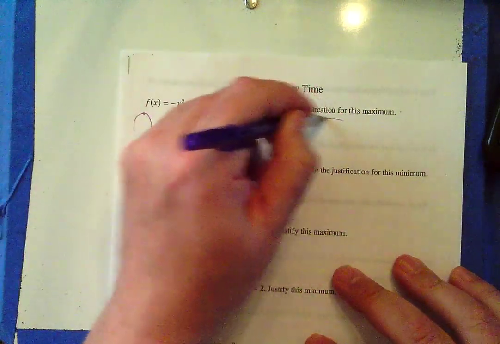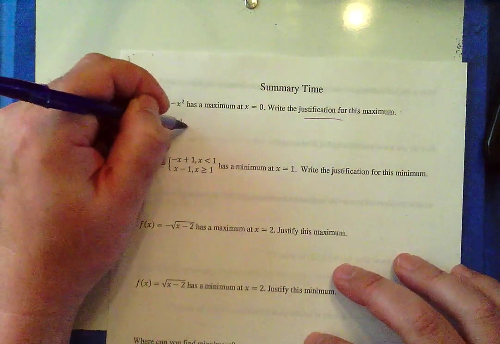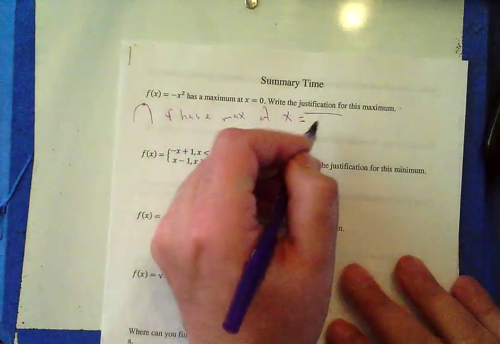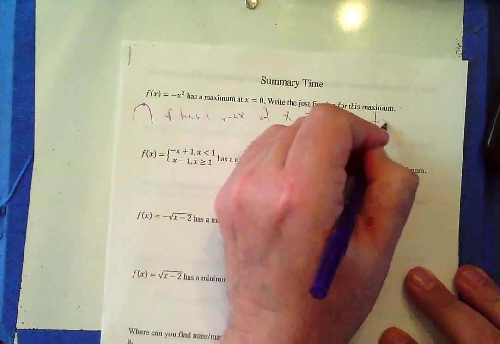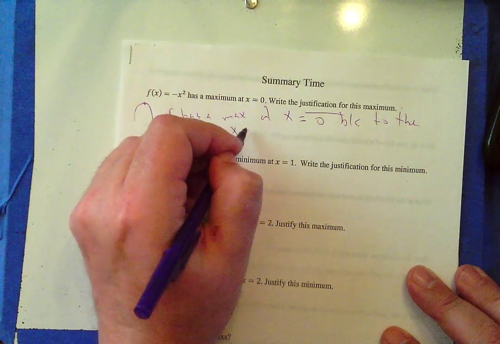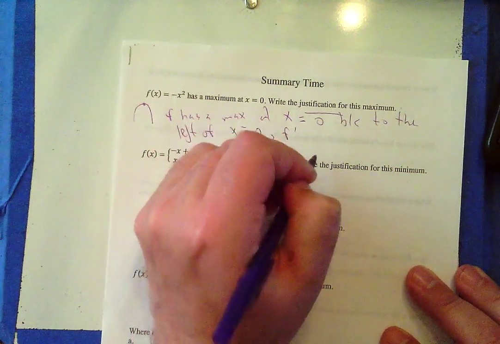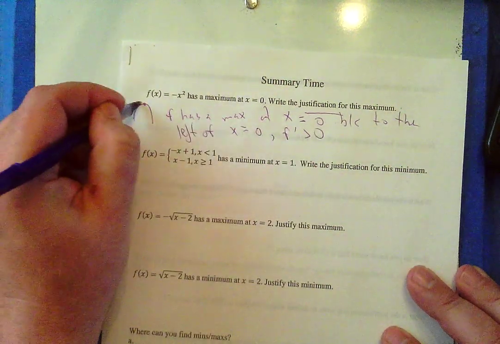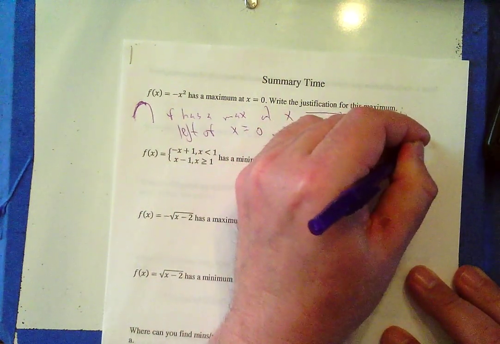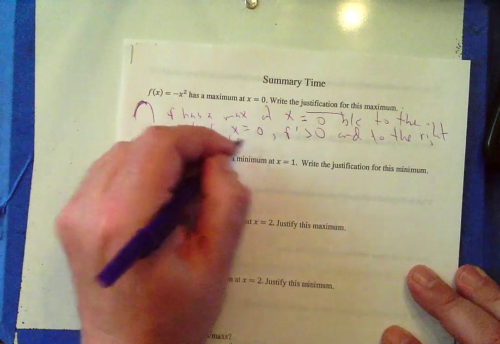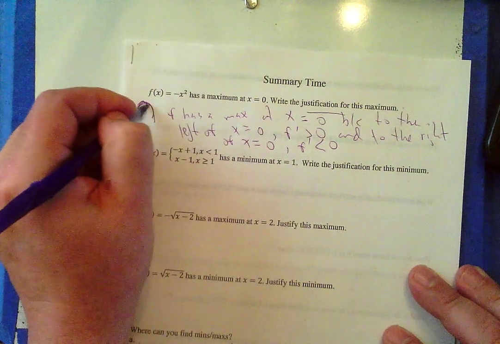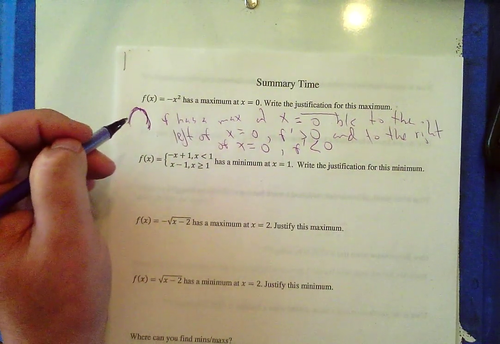And so my justification would be: f has a max at x equals 0 because to the left of x equals 0, f prime is greater than 0, increasing, and to the right of x equals 0, f prime is less than 0. Slopes are negative here, f is decreasing.